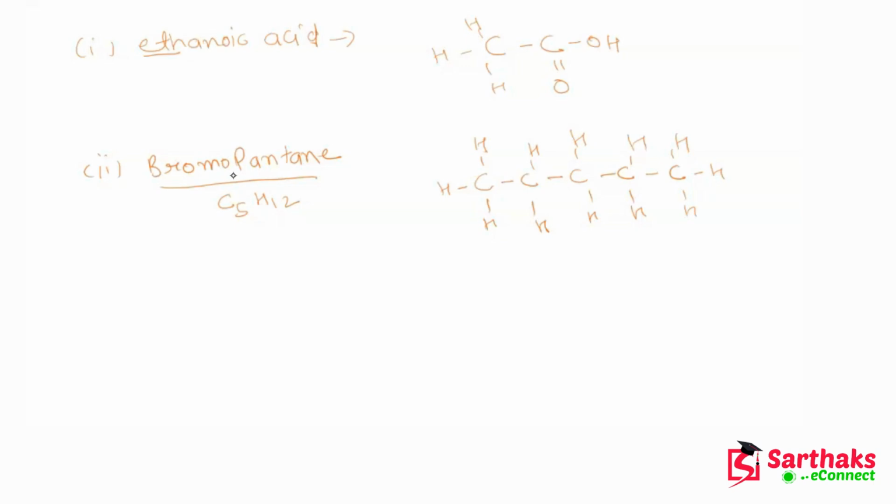So what will happen? One of the hydrogens will be replaced by the bromine. That's why it becomes bromopentane. Okay. So basically this hydrogen on this side is replaced by the bromine, and we all know that bromine is added as a suffix.